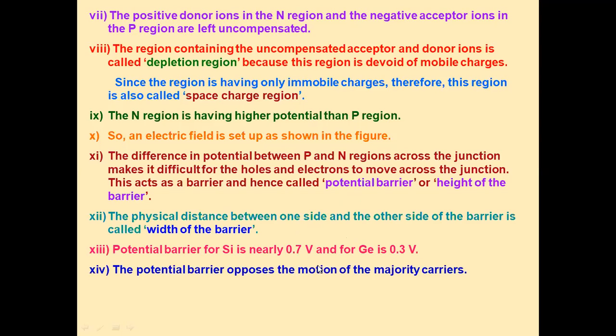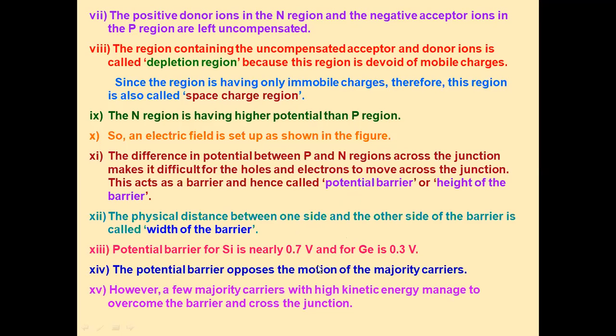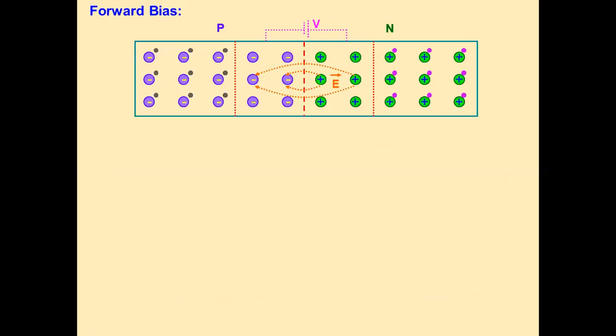So potential barrier opposes the motion of these majority carriers, and due to this opposition there is no flow of current through the PN junction. However, a few majority carriers with kinetic energy overcome the barrier and cross the junction. And this potential barrier helps the movement of minority carriers.